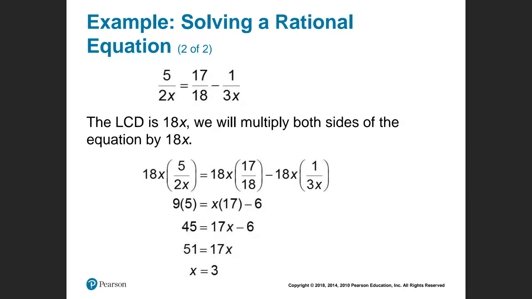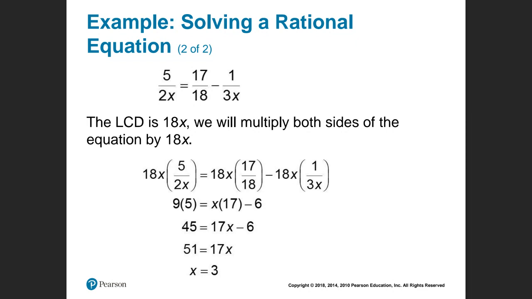Now, what next? Look, the denominators are different, and there is a variable x, so we have to find the LCD. To find the LCD, the easy way: 2 goes into 18, yes. 3 goes into 18, yes. So 18 is the LCD, and because of the variable x, the LCD is 18x.